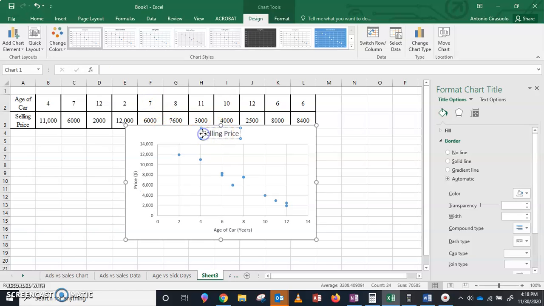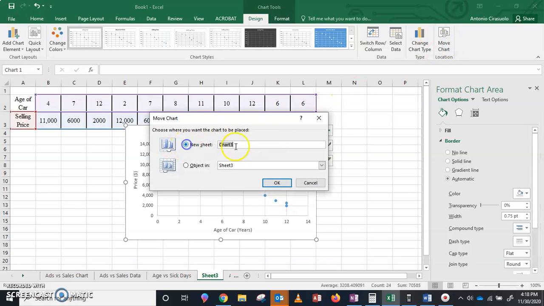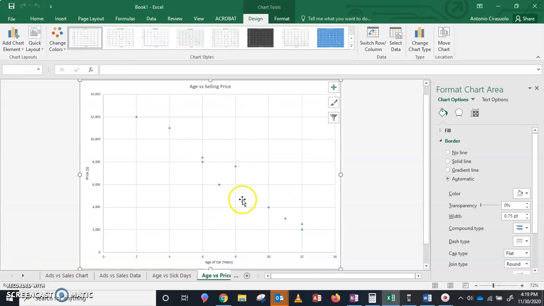And the title is age versus selling price. We have that, and then I'm going to move the chart to its own location, age versus price chart. And there we go. We have our chart.